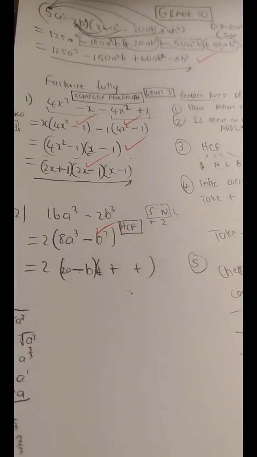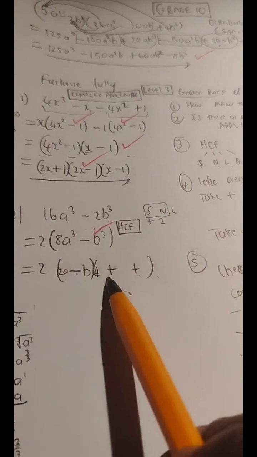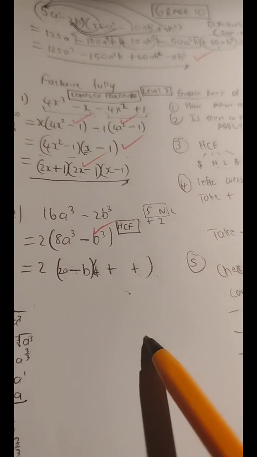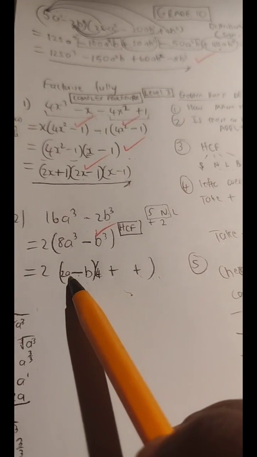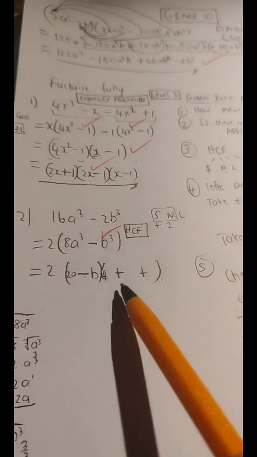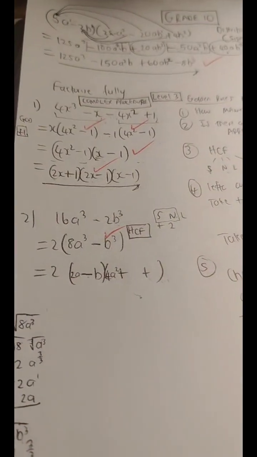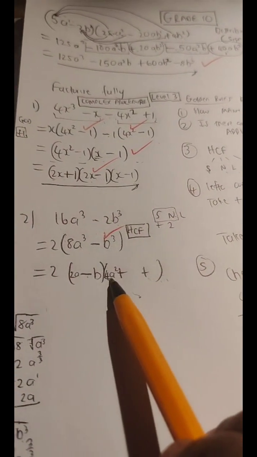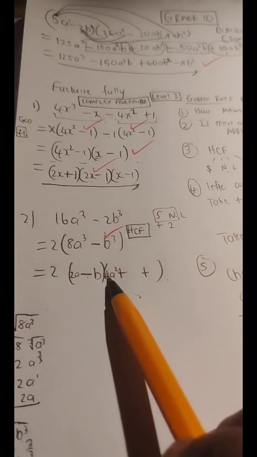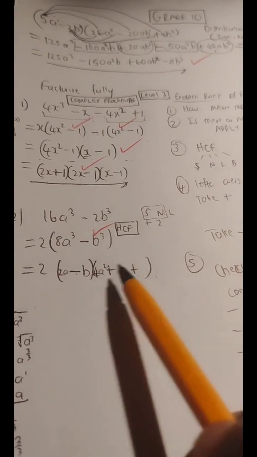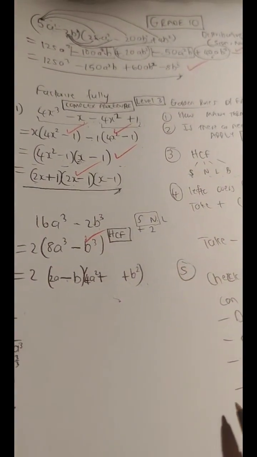Right, that is 4. a times what gives you a cubed? If you have 1a taken out, you need 3. How many more do you need to add? Okay, so it's a squared there. So that's how we get the first term in the other bracket. What about the last term? b times what gives you b cubed? That's b squared.